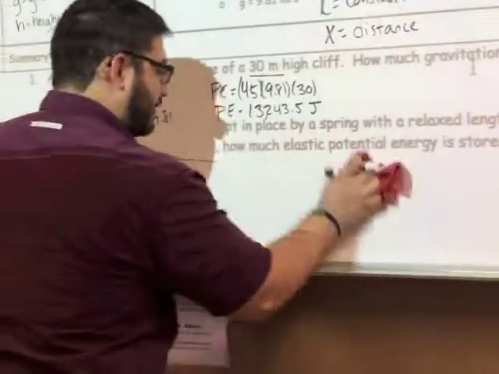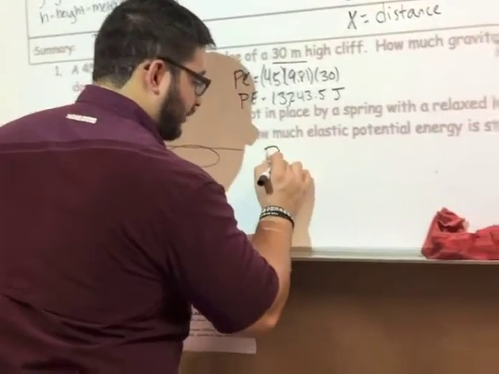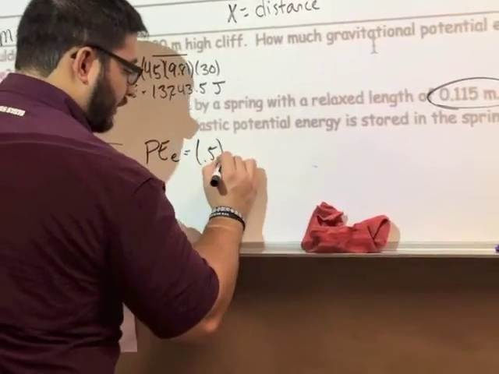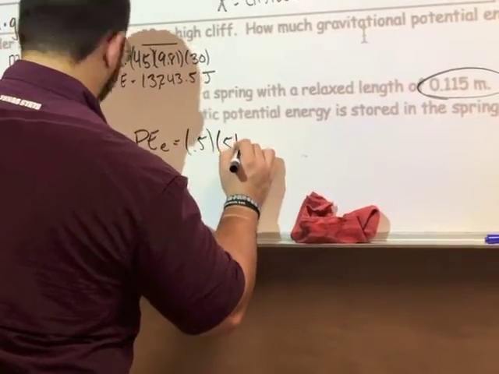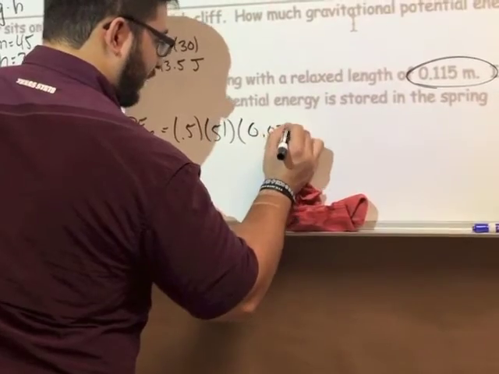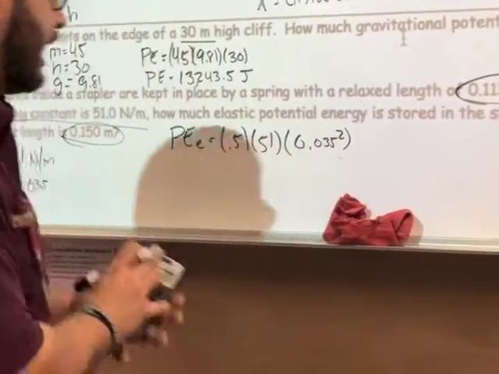So now that we have that information, we can go ahead and plug it into our equation, where we said potential energy elastic is going to equal 1/2 K, which was 51, x squared, which was 0.035 squared. Let me grab our calculator out once again, and we'll plug this in together.